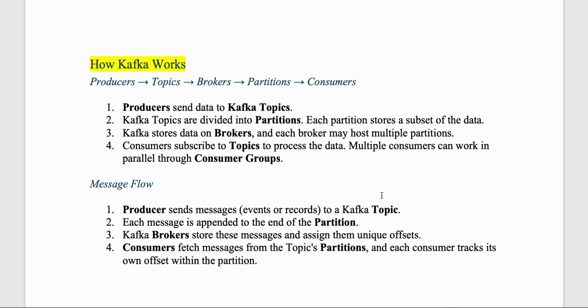Each message is appended at the end of a partition. Kafka brokers store these messages and assign them unique offsets, and the consumer fetches messages from the topic, taking the data based on the offset. So this is the architecture for producer, topic, broker, partition, and consumer.